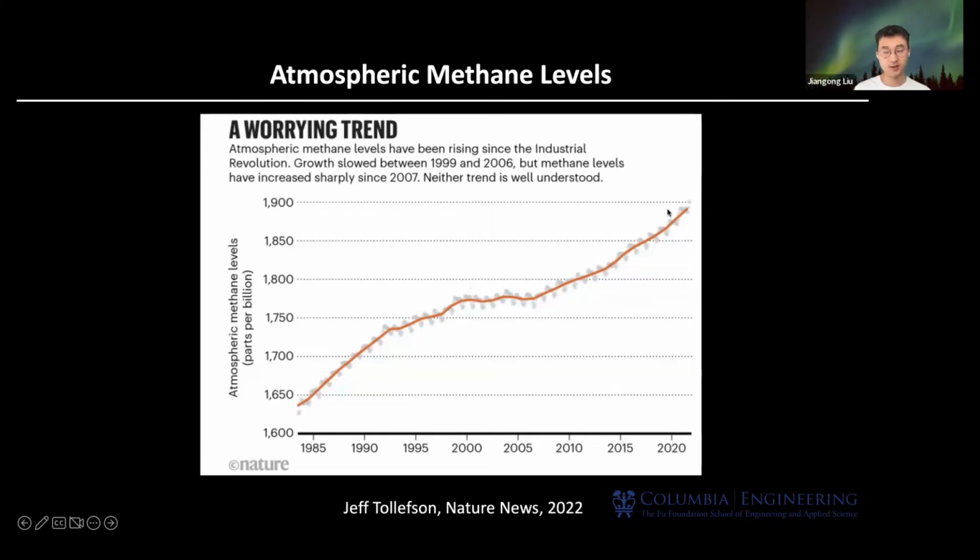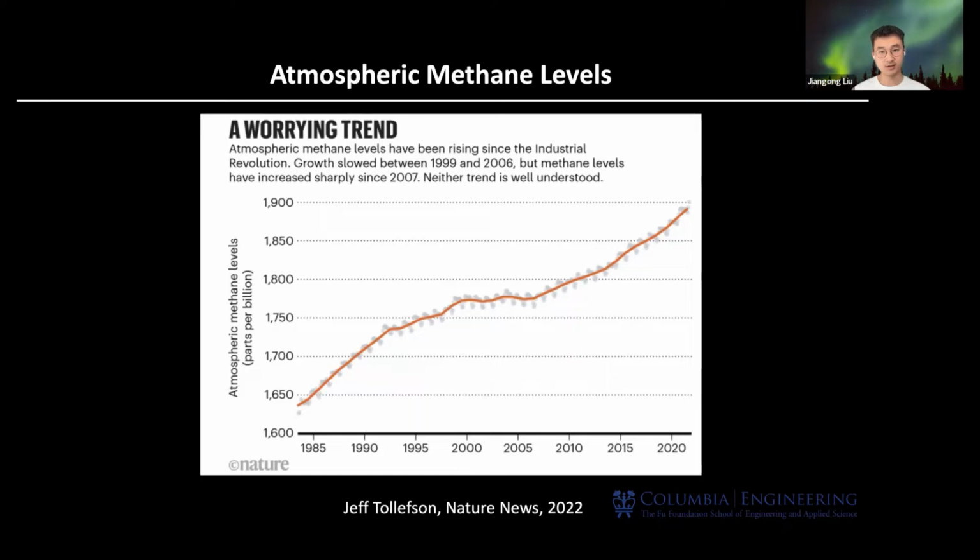Then it began to increase up to 2007. We're still not very clear about why this trend becomes flat at this period and then really increased again. And isotopic signature suggests that this can be caused by the biological origin of methane.